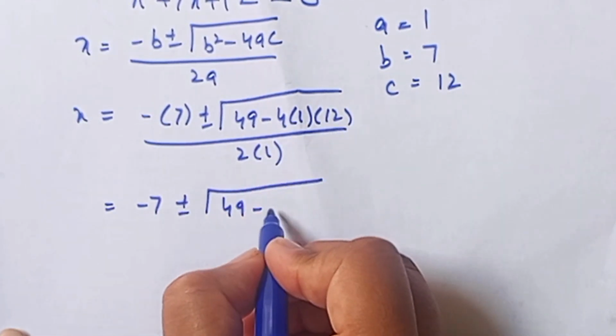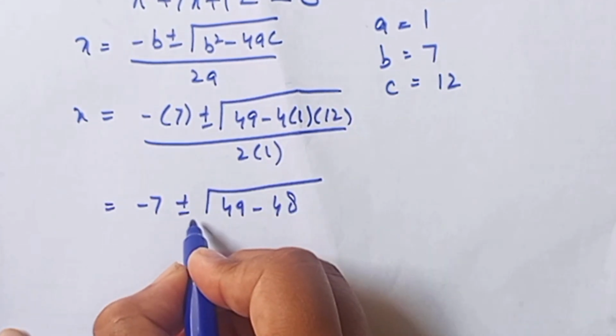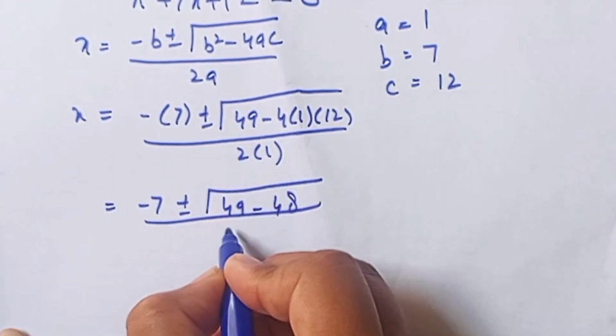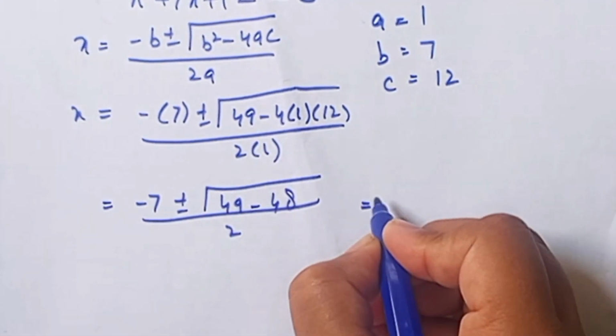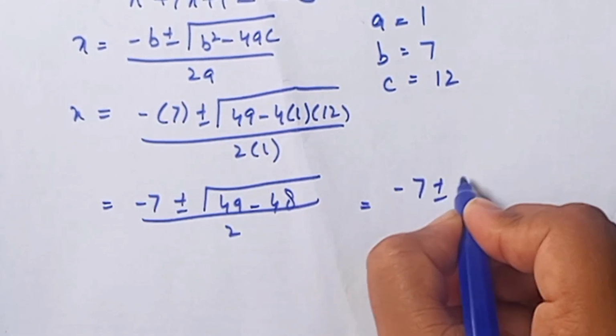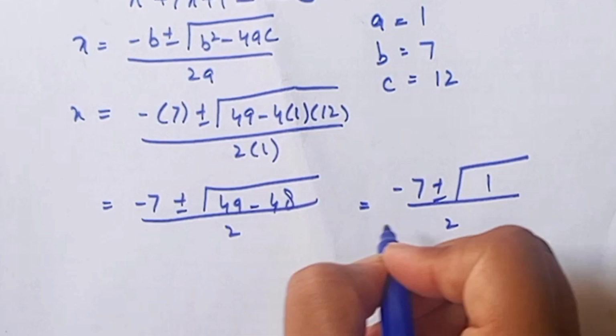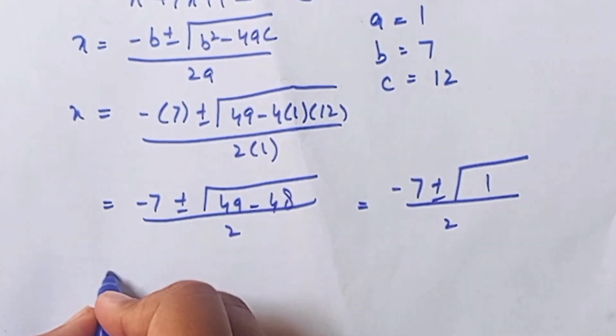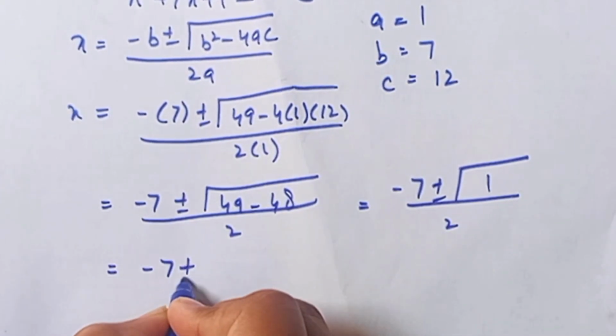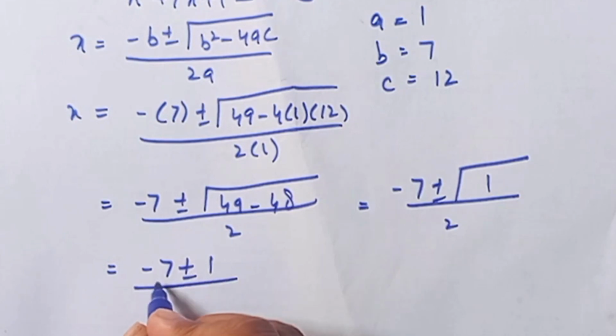Multiply this 4 by 12, we get 48, over 2 ones are 2. So this is minus 7 plus minus square root of 49 minus 48 is 1, over 2. Square root of 1 is equal to 1. So this is minus 7 plus minus 1 over 2.